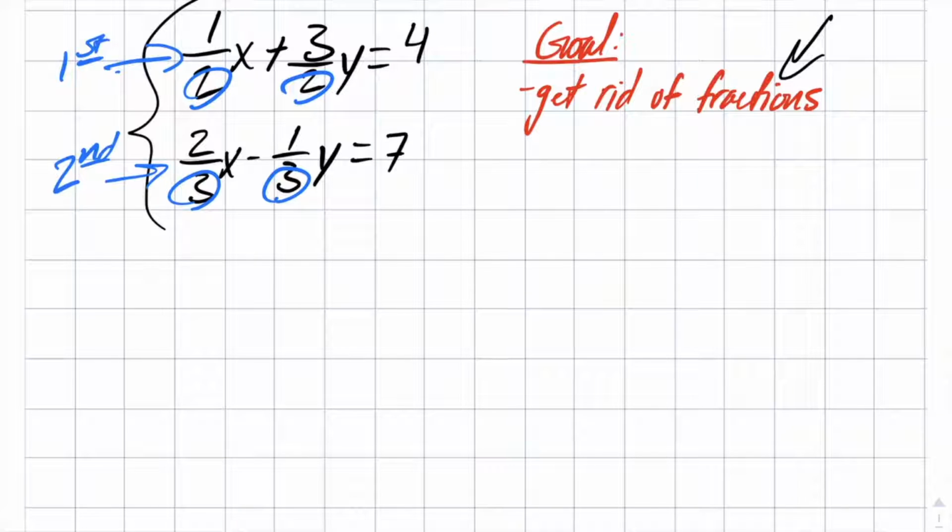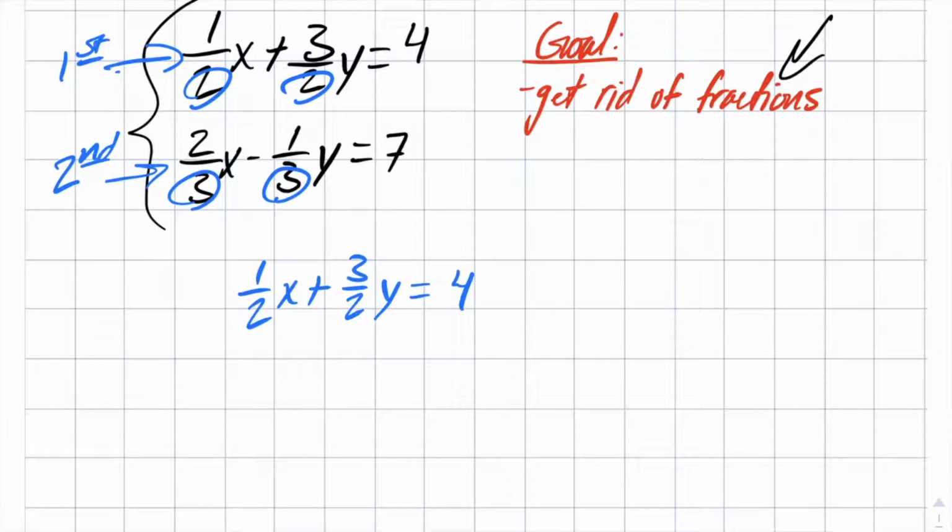So I'm going to rewrite just the top equation over here. 1/2 x plus 3 over 2y equals 4. Now, when you look at the denominator, it is 2. So 1 over 2, you can think of it as division. So what's the opposite of division? Multiplication, okay?